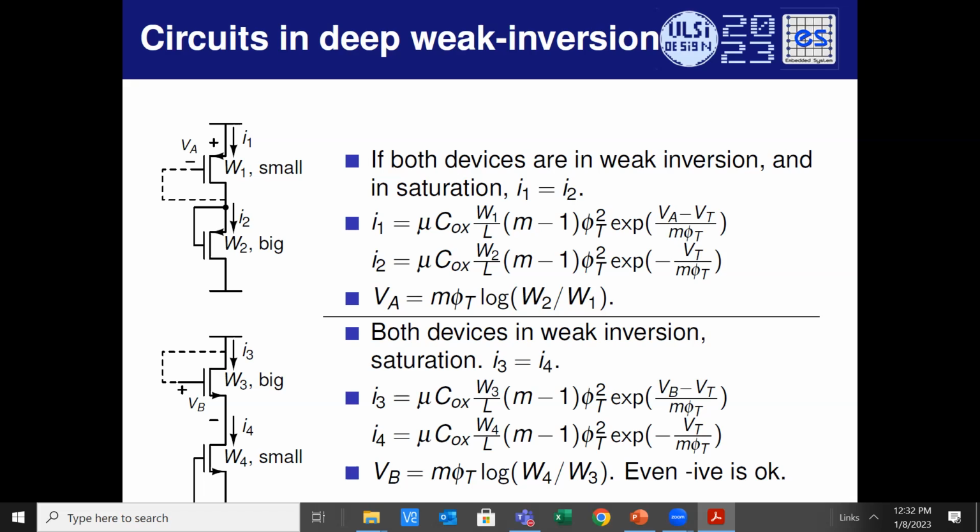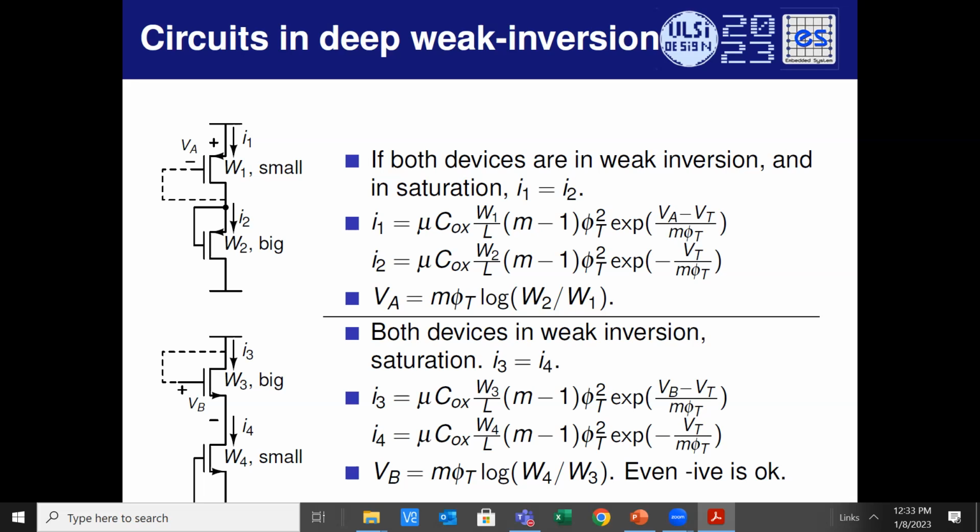But when we are in weak inversion, the sizing is independent of the current. Sizing is not independent of the current. Like it's more the width, more the leakage. Wider will have more leakage.